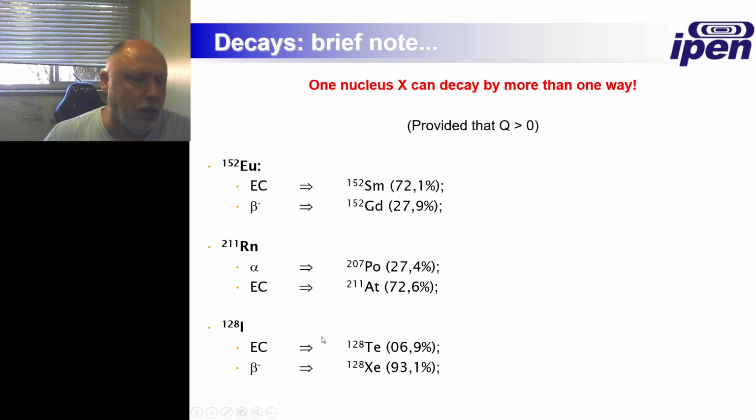Iodine-128 will decay 7% of the time by electron capture to tellurium-128, and 93% of the times it will decay by beta minus to xenon. Okay? So the important thing is all these decays here have a positive Q. Right? This one will not decay by alpha decay because Q is smaller than 0. This one will not decay by beta decay because Q is smaller than 0. Right?